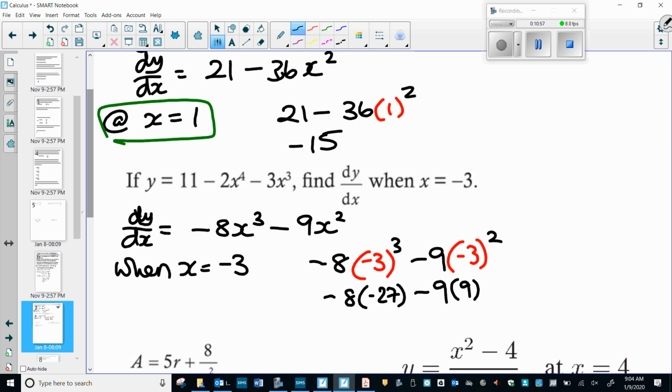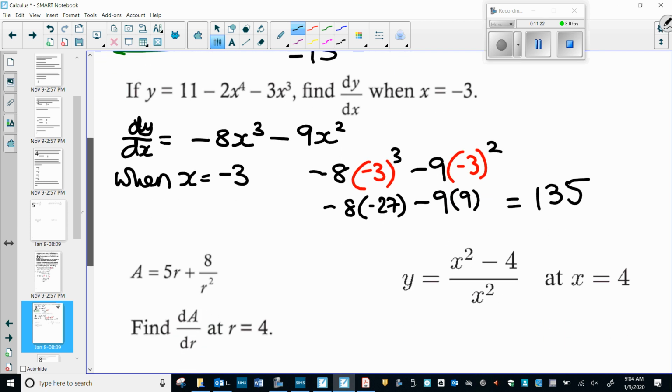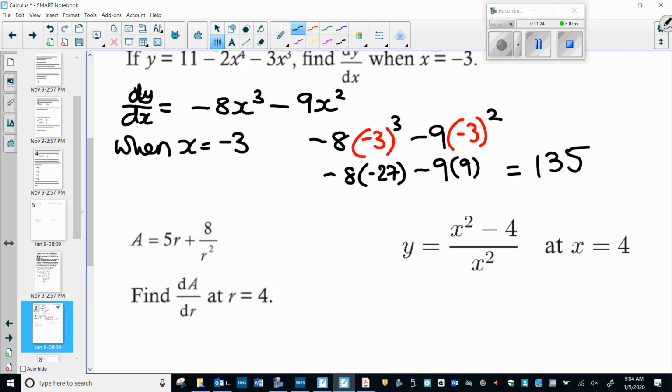So 216 minus 81 is 135. I did say it out loud, maybe not loud enough, but I couldn't do that bit in my head. I hate subtraction, it's so annoying. Okay, so, next one.